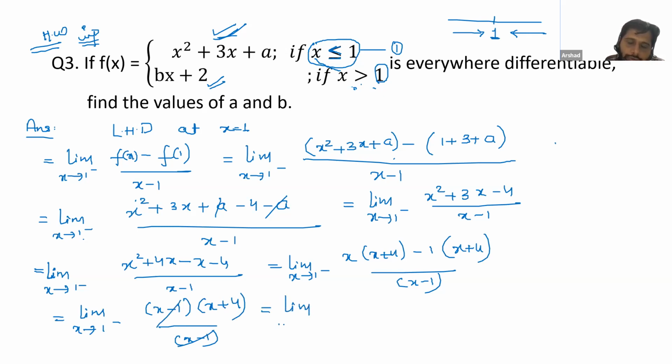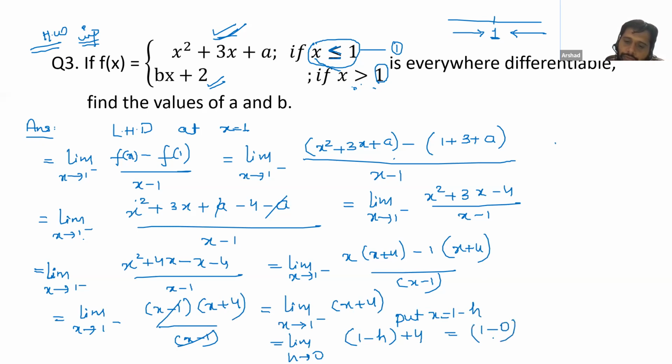So limit x tends to 1 minus, x plus 4. Now put x is equal to 1 minus h. This will give you limit h tends to 0, in place of x, 1 minus h plus 4. Put the limit, 1 minus 0 plus 4. This will give you 5. So LHD is this. At this step, you have the choice. You can put 1 minus h right now and find the value. It's your wish. So now please complete it and share your answer.